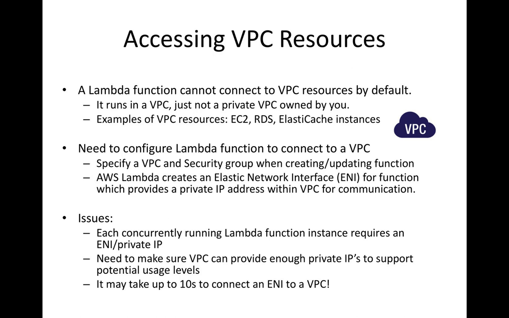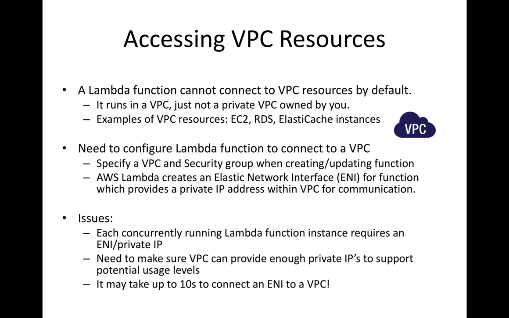So what you need to do to connect the Lambda function to a resource running in the VPC is you can actually configure the Lambda function and specify a VPC and security group that it will use. And what it does essentially is AWS will set up an elastic network interface for that function.